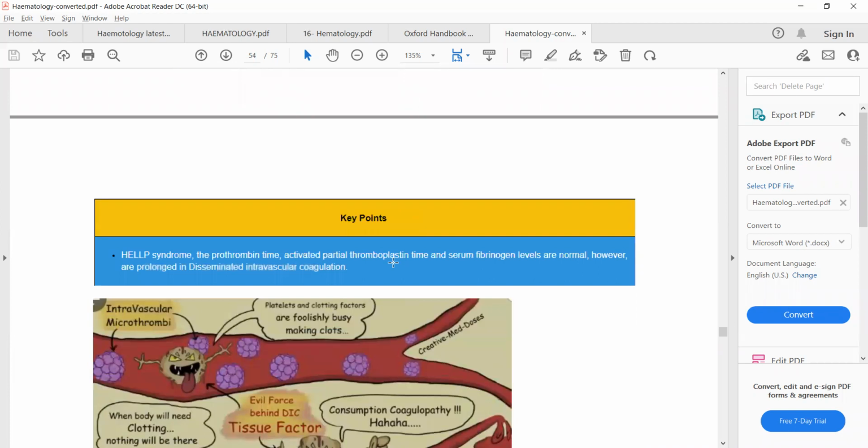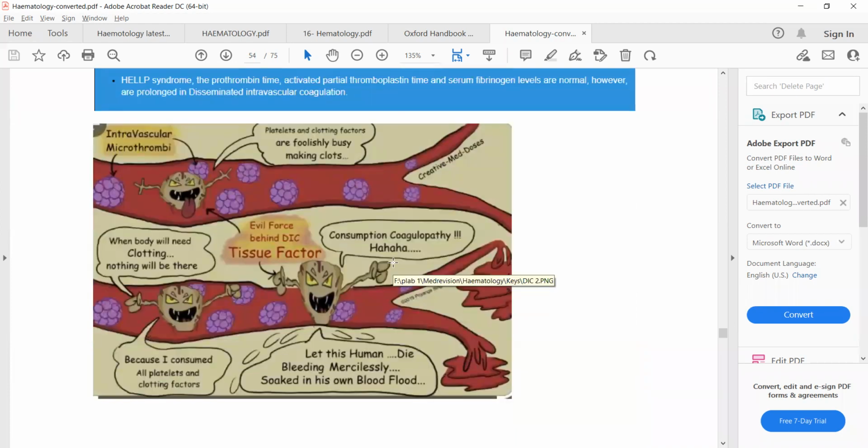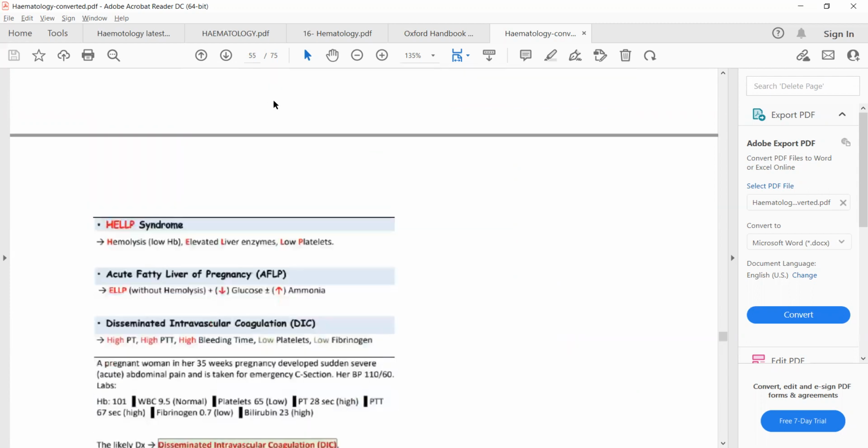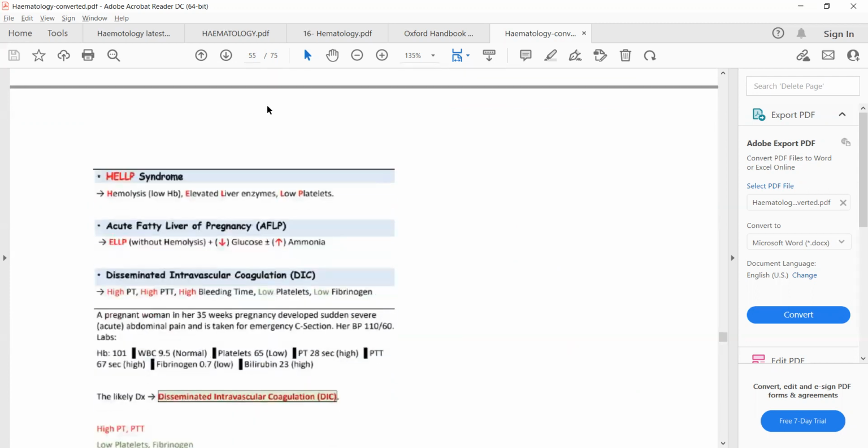So we discussed that DIC is a complication of pregnancy. There are some other complications of pregnancy, that is HELLP syndrome and acute fatty liver of pregnancy. It's very easy to differentiate between them on the basis of lab findings. In HELLP syndrome, there will be low HB, elevated liver enzymes, and low platelets.